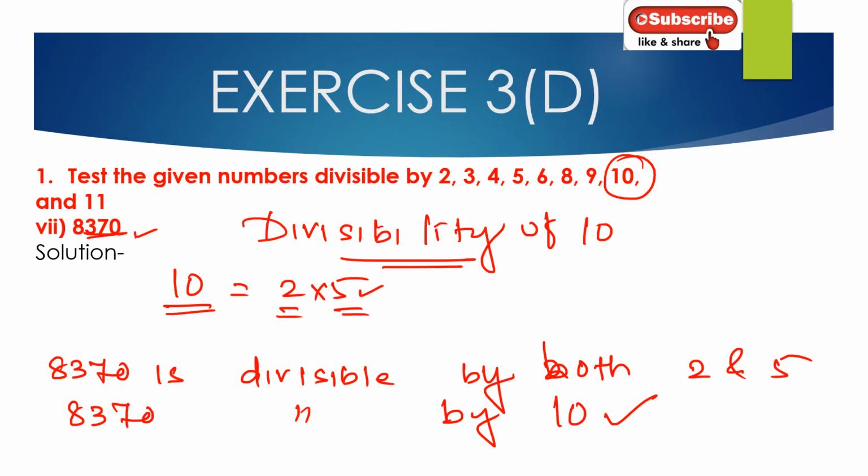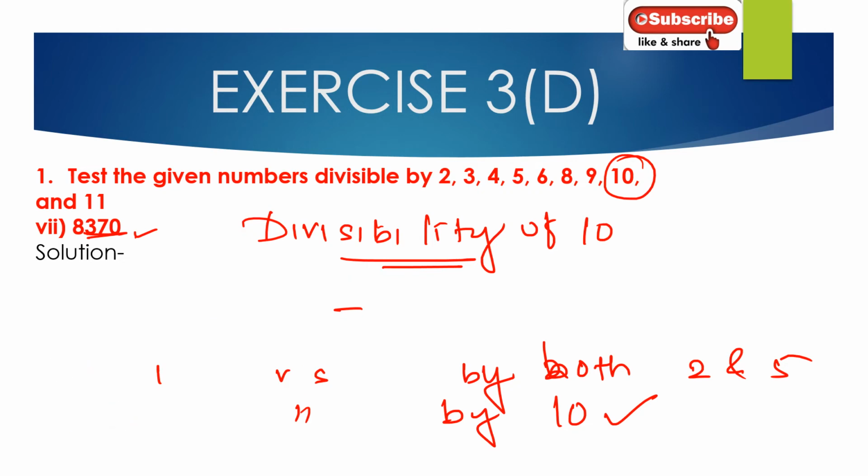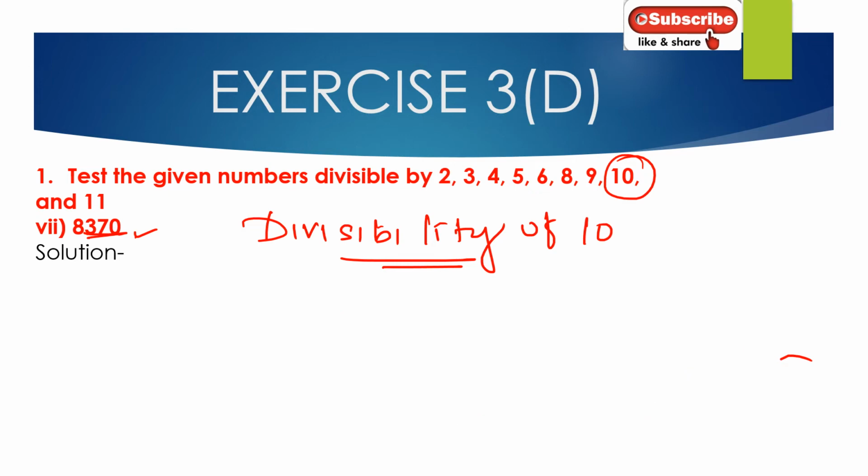Now we will check whether the number 8370 is divisible by 11 or not. Now if the sum of the digits at the odd place and the sum of the digits at the even place differ by 0 or 11, then the number is divisible by 11.